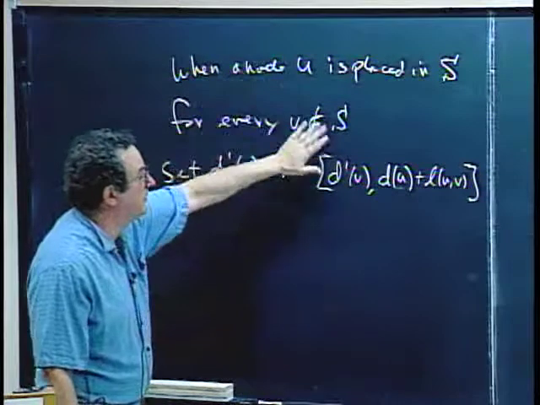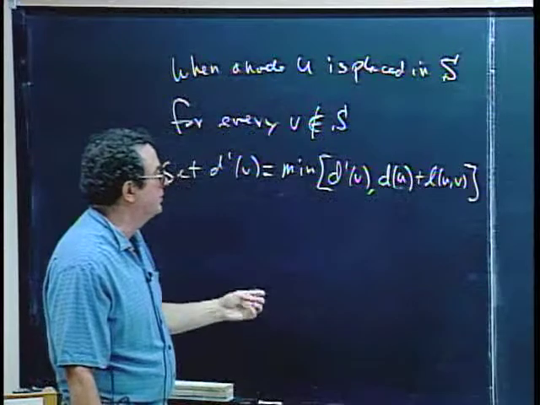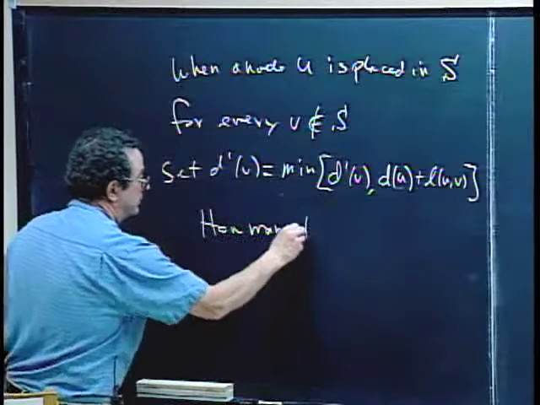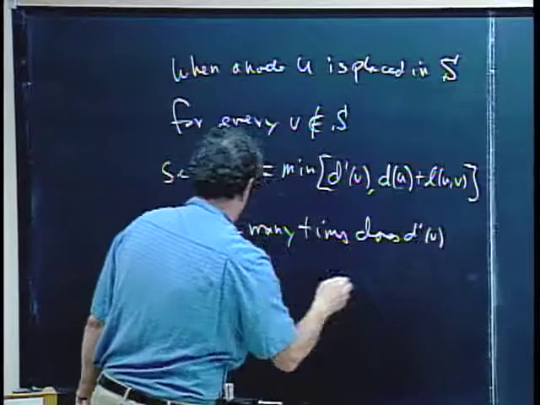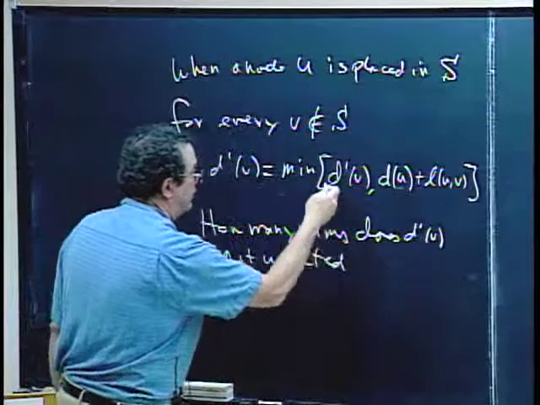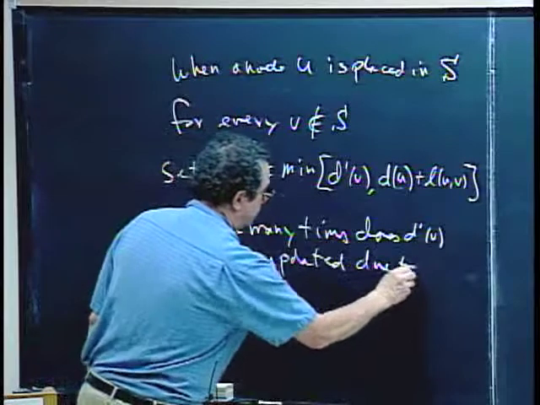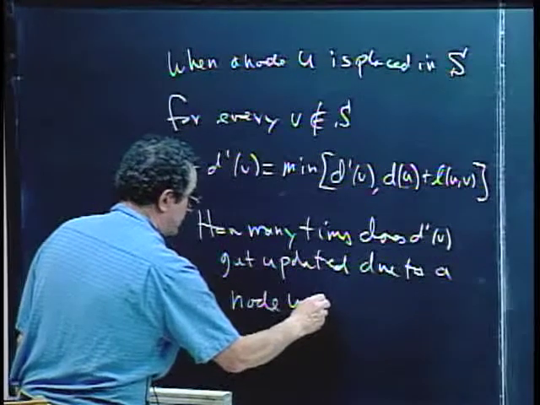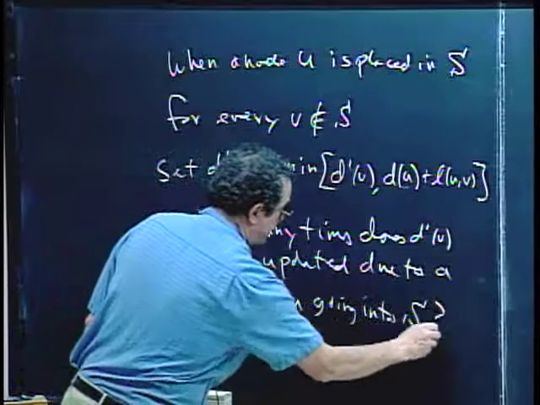Now think of this updating over the entire algorithm. How many times does d prime v get updated? I don't mean it gets changed necessarily, but we have to look to see if it gets changed due to a node U going into S. Well, only once.